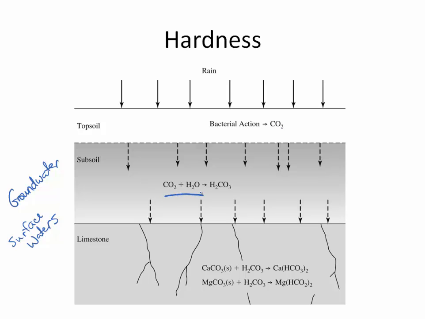The carbon dioxide forms carbonic acid, and that acid causes dissolution of limestone and other clays in the subsurface. And so you have carbonic acid here helping to dissolve calcium carbonate and magnesium carbonate and form dissolved soluble calcium and magnesium rich substances. So when we pump up groundwater or surface waters that have similar reactions occurring, we have a significant calcium and magnesium content.